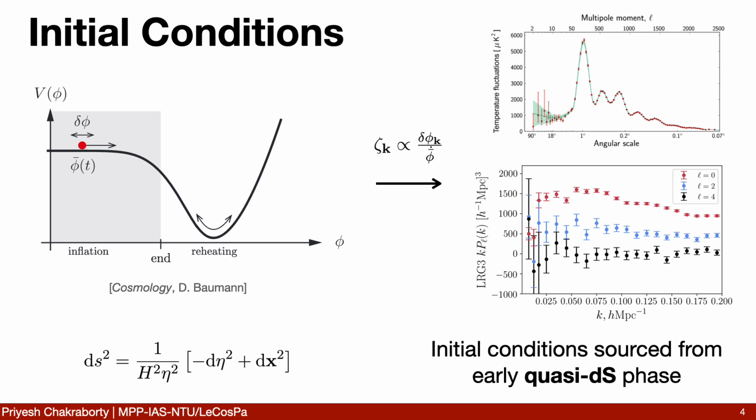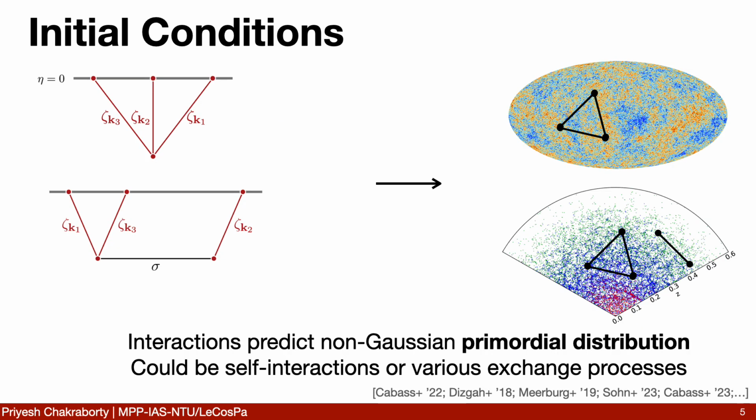Now, I'll be studying these axions during inflation, which is of course very successful at explaining 2-point statistics of the CMB and large scale structure. And apart from just predicting the 2-point statistics, inflation generically also predicts non-Gaussianities for both of these observables.